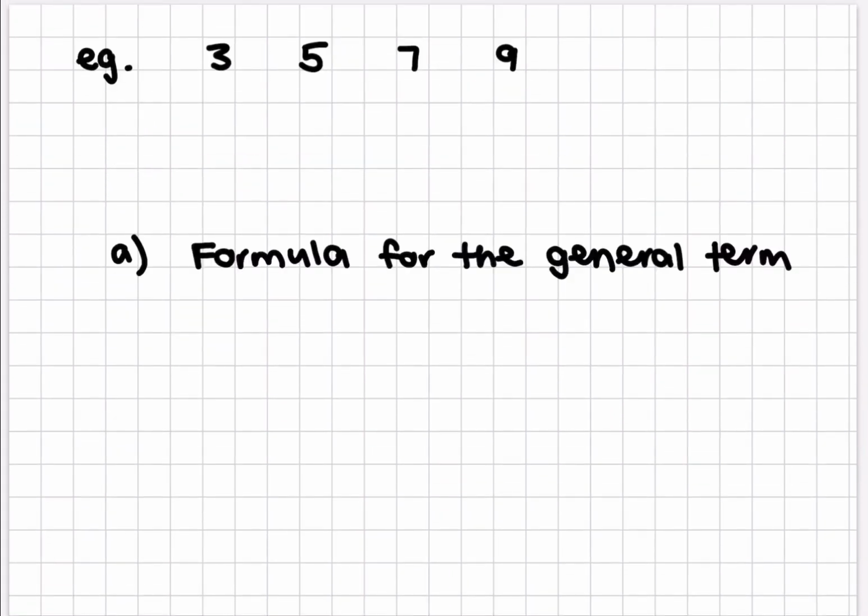Okay, so let's have a look at an example. My best advice for dealing with sequence problems is always map it out. It's so easy, and it just makes sure that you're not going wrong anywhere and not missing anything. So how do we get from 3 to 5? We add 2. 5 plus 2 is 7. 7 plus 2 is 9.